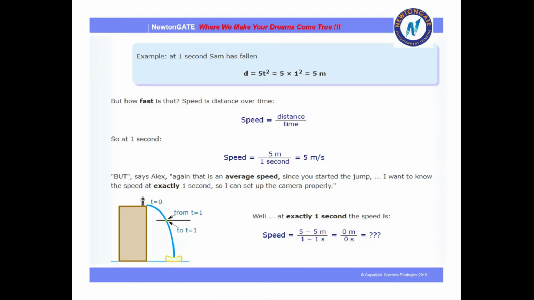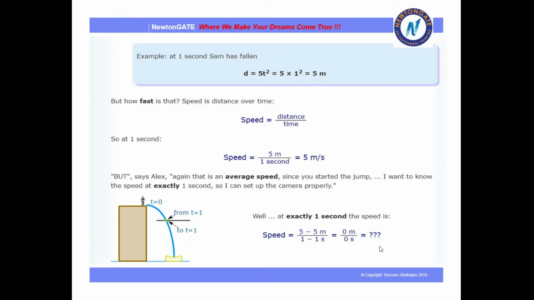But if I want to find my exact speed at the particular exact moment when the camera was clicked, so that I can set up the camera properly. So at the exact 1 second when the camera needs to be clicked, if I have to find the speed, what is that?